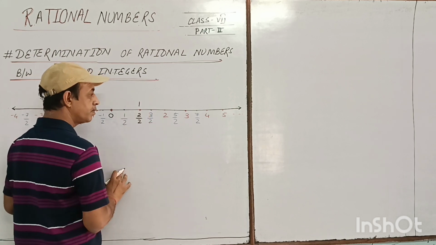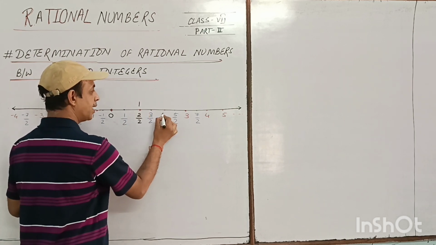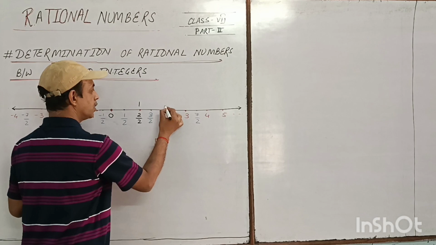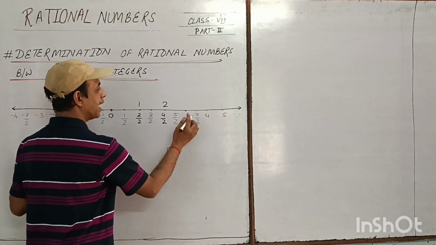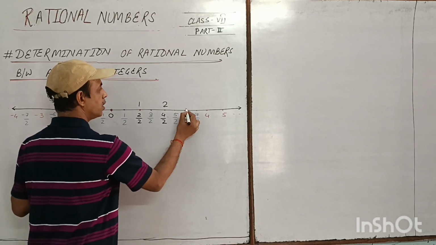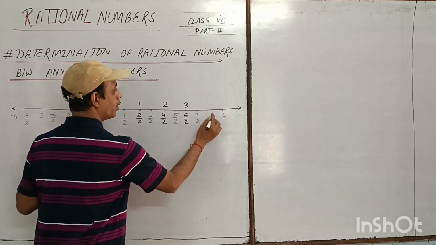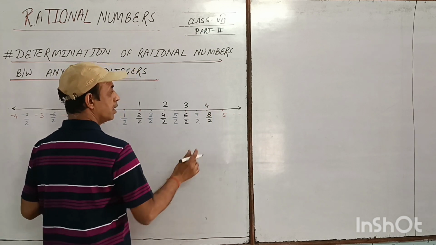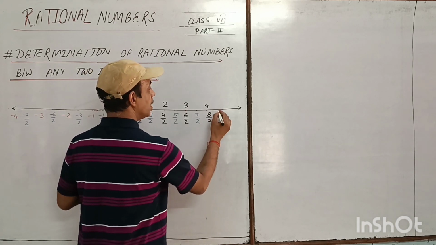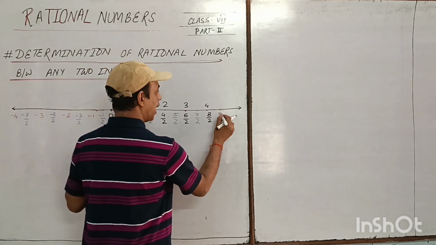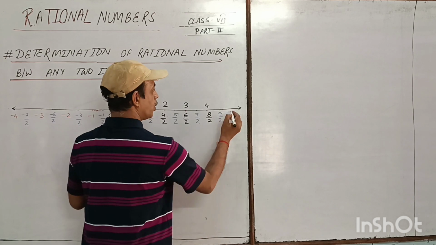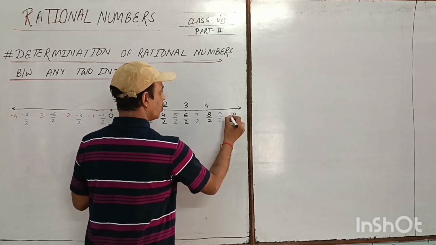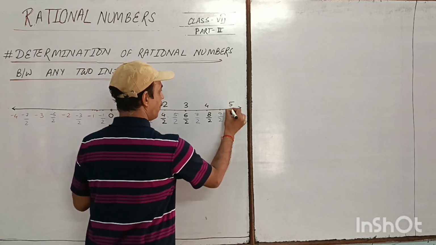This 2 can be written as 4 upon 2, 3 can be written as 6 upon 2, 4 can be written as 8 upon 2. In the same way, if you proceed further, this will be 9 upon 2, and next to it 10 upon 2, which is nothing but 5.